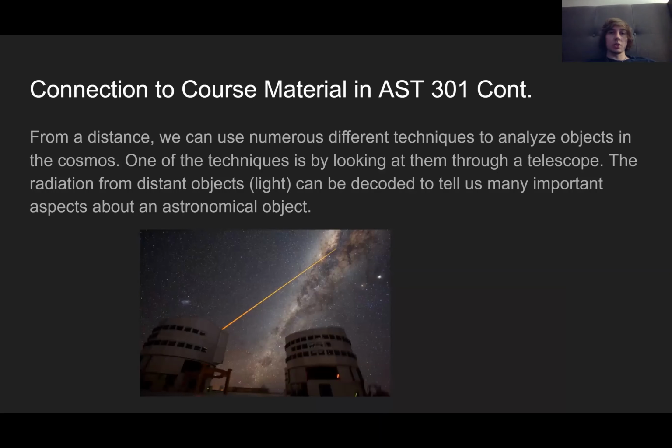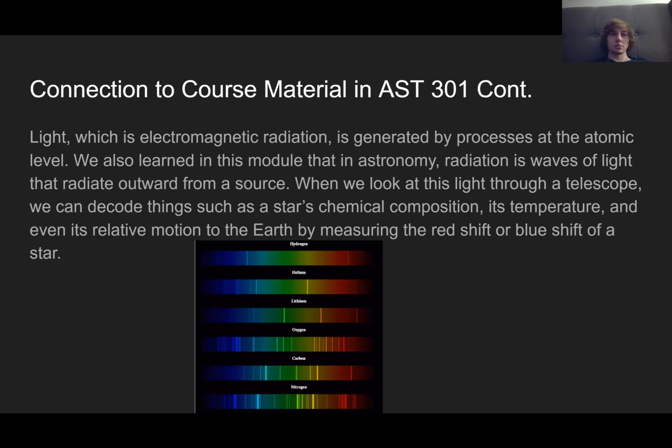From a distance, we can use numerous different techniques to analyze objects in the cosmos. One of these techniques is by looking at them through a telescope. The radiation from objects, like light, can be decoded to tell us many important aspects about an astronomical object. Light, which is electromagnetic radiation, is generated by processes at the atomic level.